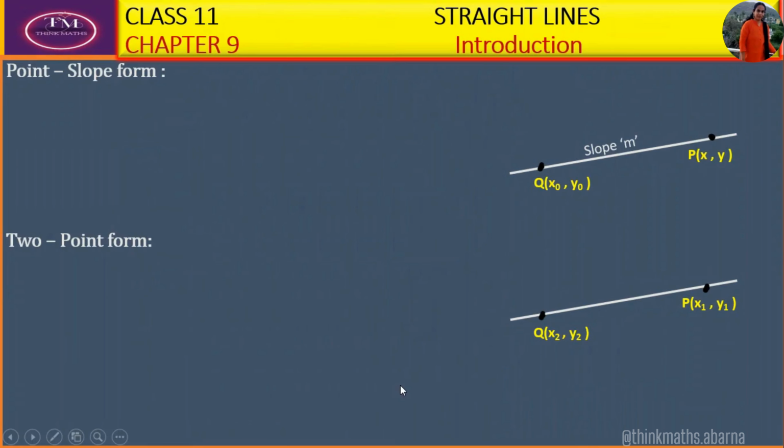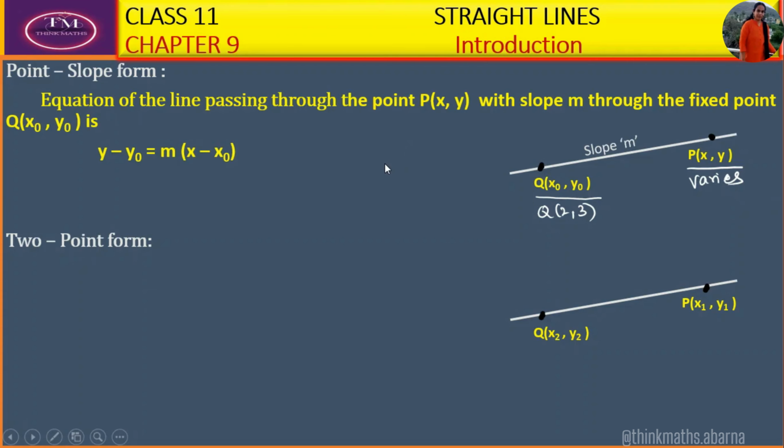So the next topic is point slope form. Okay. That means this point is fixed. It can be 2 comma 3, and this point will vary. Point P varies. One point is fixed and another point varies. Then we can have the equation of the line as y minus y naught equal to m into x minus x naught.